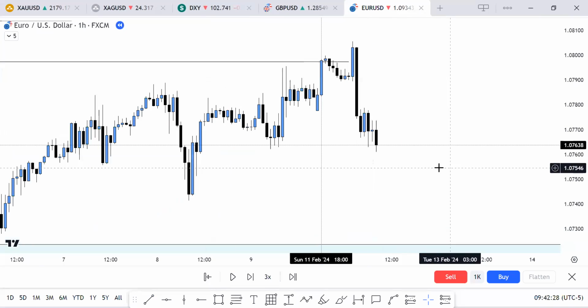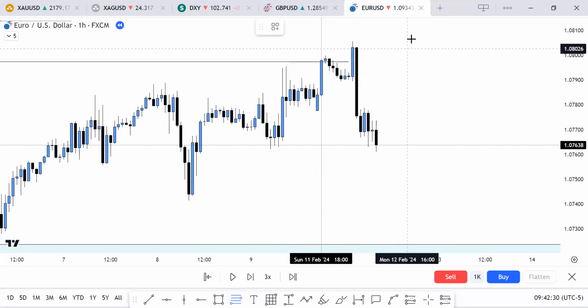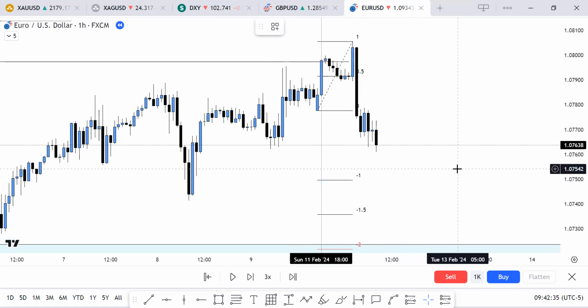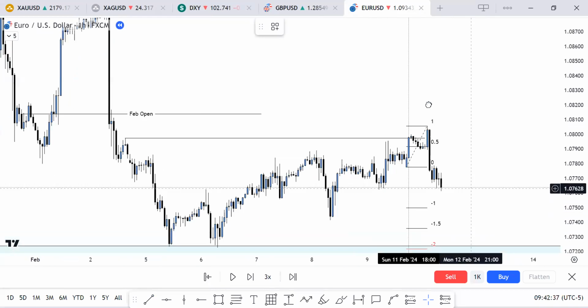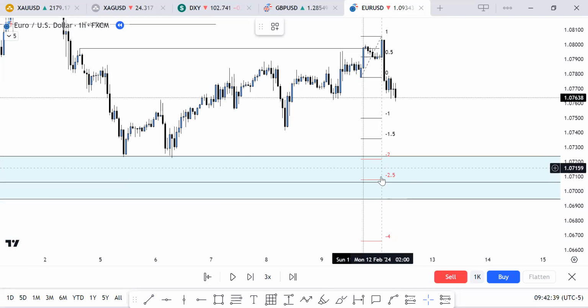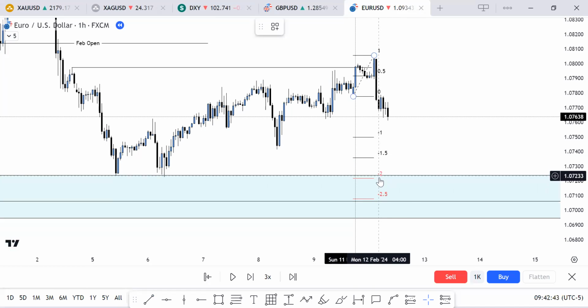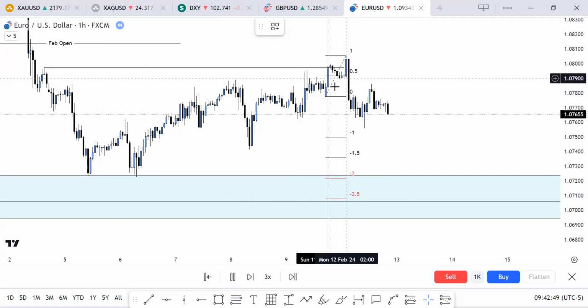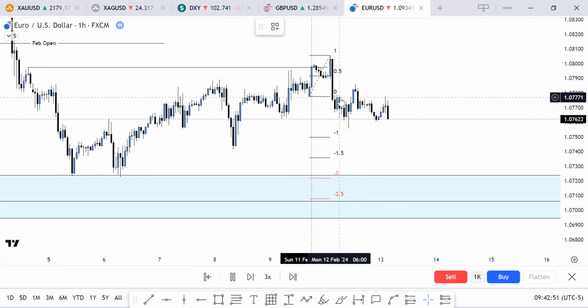We do have a structural shift at this price and it's my standard deviation. So according to our standard deviation, this was our key level as well. The price is targeting exactly the same level. And you can see it's Monday open and we have got the structural shift after Monday open.